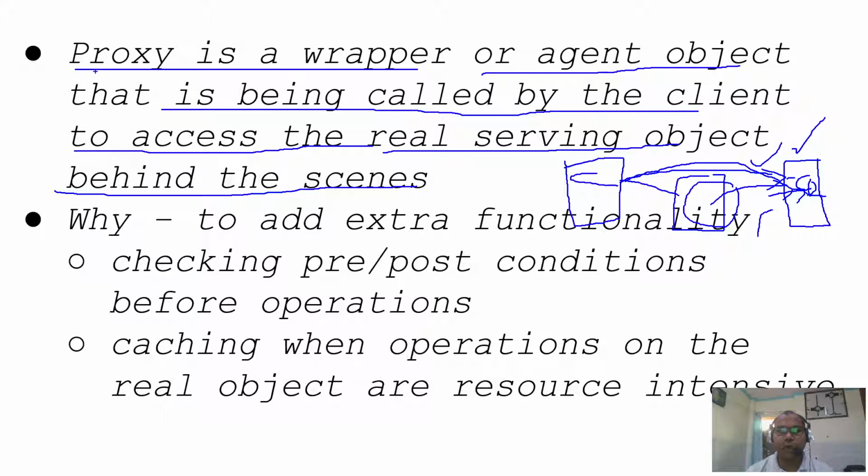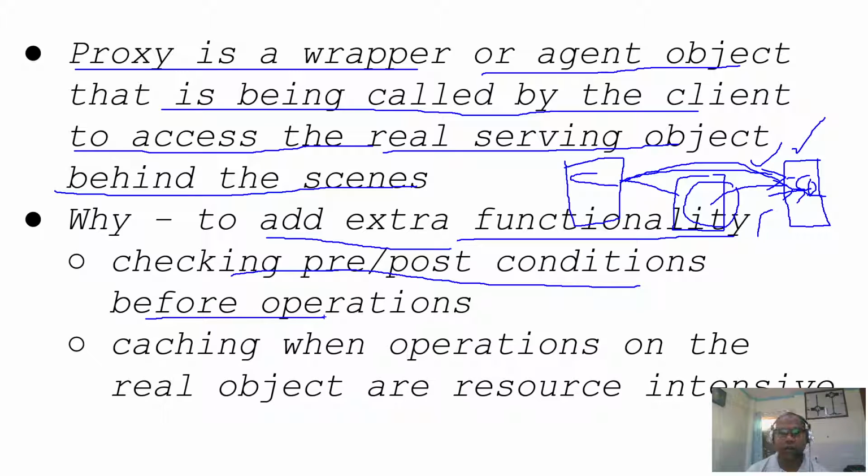So the proxy pattern says you can invoke any real serving object method, but apart from that you can add some extra functionality like checking pre or post conditions. Before invoking any real method, you may have to check the access rights or particular conditions, or after completion of your operation, you may want some cleanup or database operations.